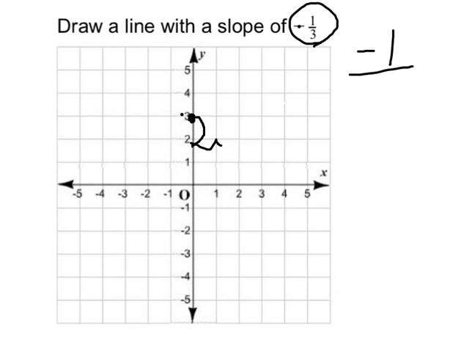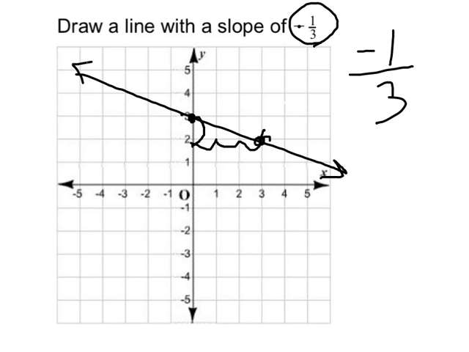And then we need to go right 3. So that our next point is right here. I'm going to draw my line and then check to make sure that my slope is negative. So if I draw this line, I have my man on the left. Is he going up the hill or down the hill? He's going down. So that is correct. I have a slope of -1/3.